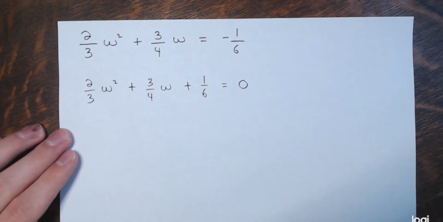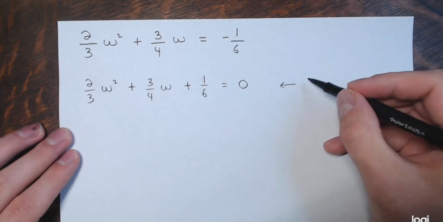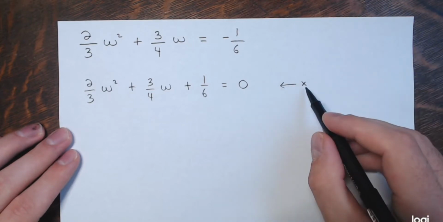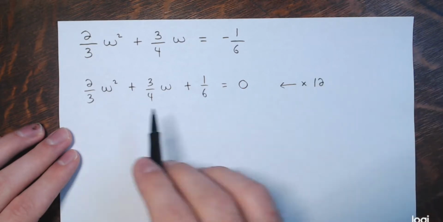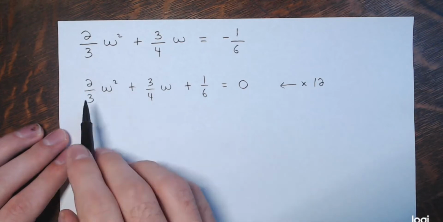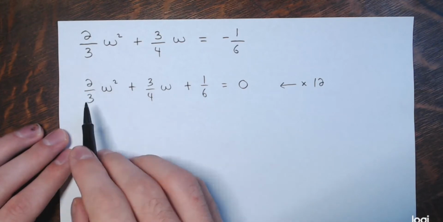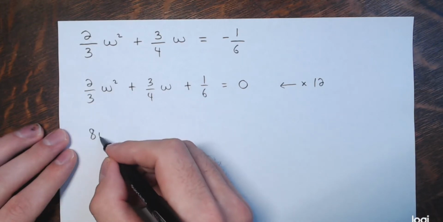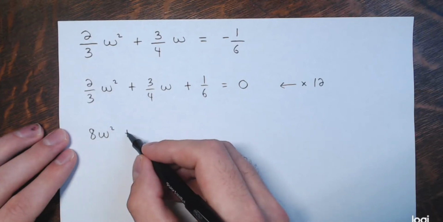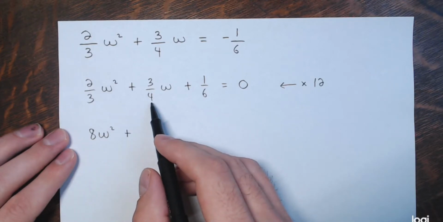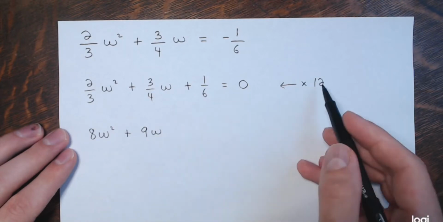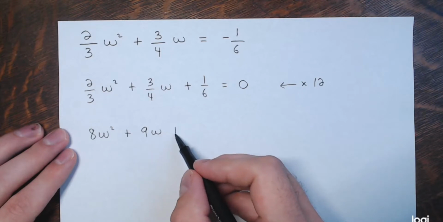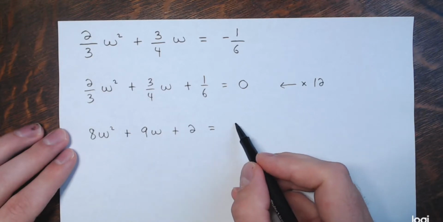But the simplifying might be a little annoying because of all the fractions. So what I'm going to do is multiply by the LCD, which is 12. So I'll multiply everything by 12 on both sides. Now 2/3 times 12 is 8, so that's 8w squared, plus 3/4 times 12 is 9, so it's 9w, and then 1/6 of 12 is 2, plus 2 equals 0.